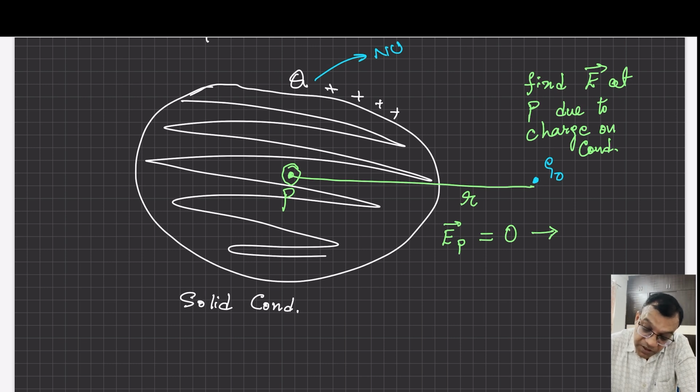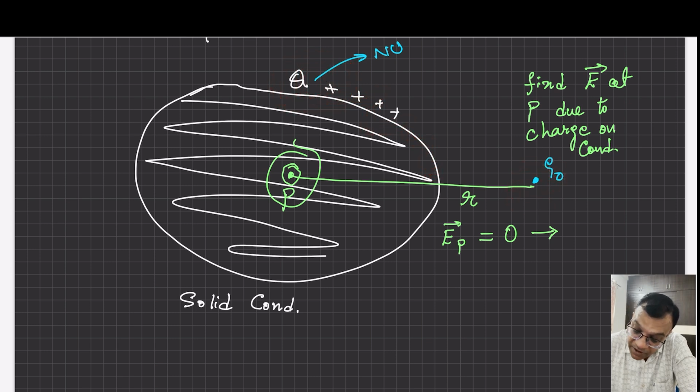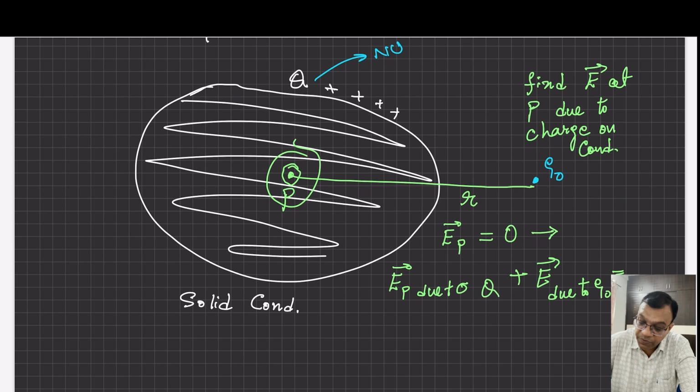Now, the electric field intensity at this point will be due to the charge on the conductor surface and due to Q naught. So I can write the electric field at point P is due to the charge on the sphere plus due to Q naught, and this vector sum is 0. And this is what we have to find.